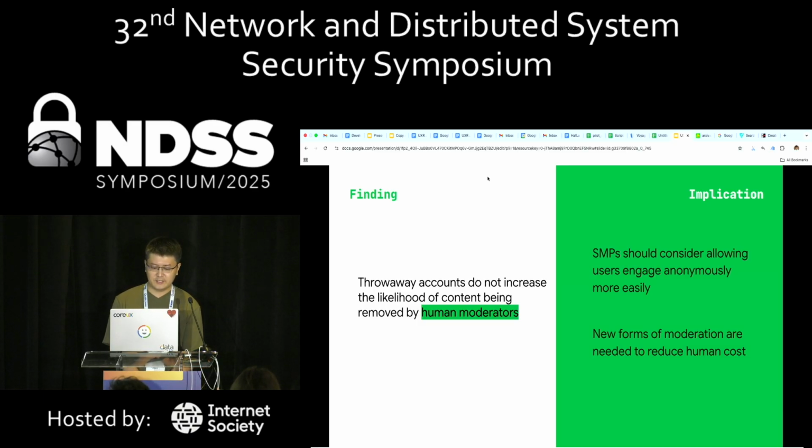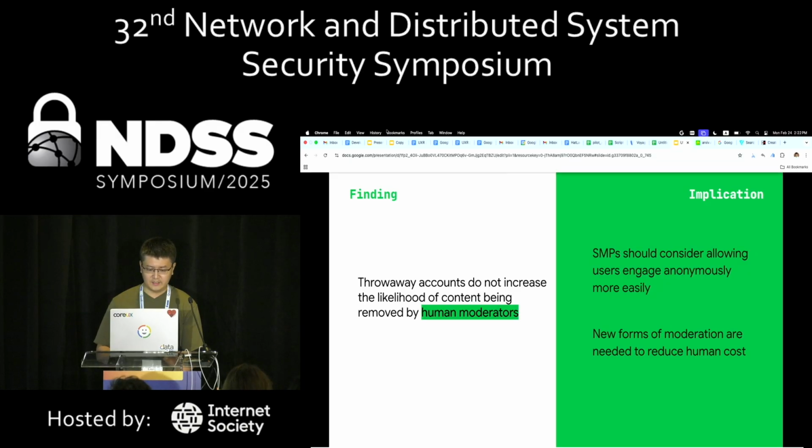All of this could lead to grievance among human moderators and may lead to further issues. Another aspect is that seeing content of misconduct all day could actually lead to the moderator's own misuse of authority, for example, retaliation, right? So we argue that new forms of moderation are needed to reduce the human cost.